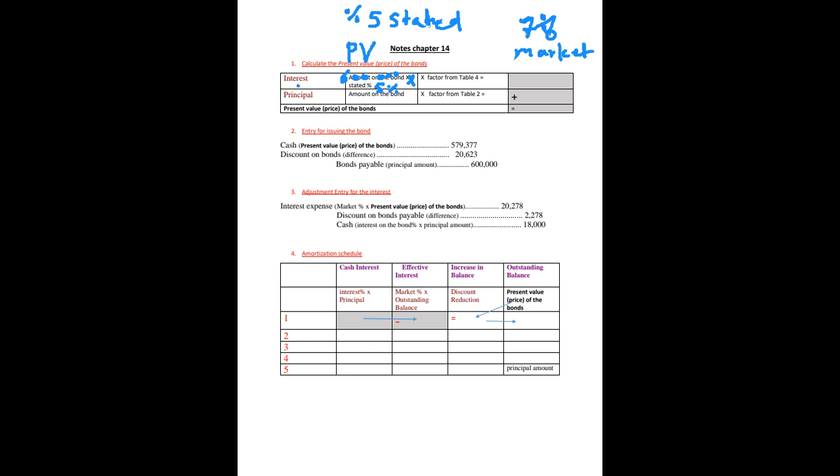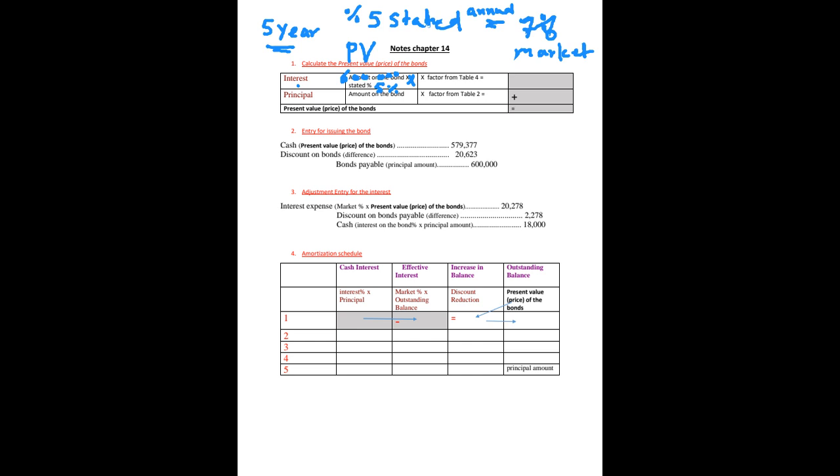Let's say that this loan or bond was issued for 5 years, and the interest is annual, meaning it's paid by year. So we will use table number 4 to find the factor.